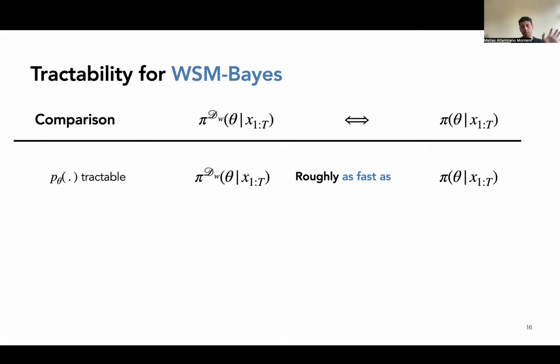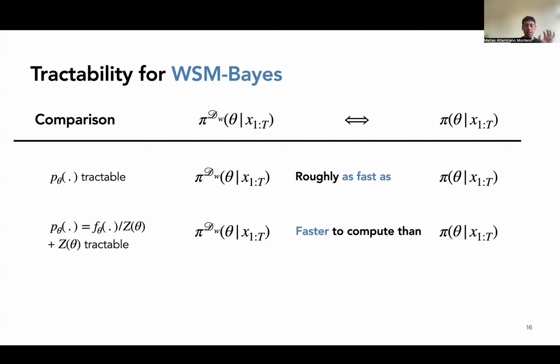We are not increasing the computational cost of using this posterior. As I said, if we are working with intractable models, where we are not able to compute the normalization constant, then our post-Bayesian posterior is faster to compute, because we are working with the score function.